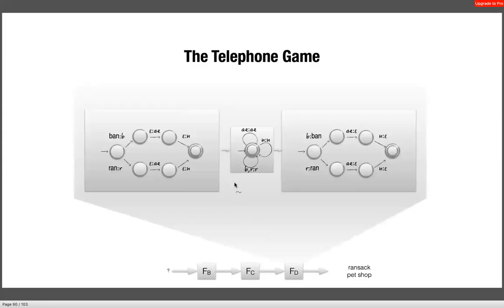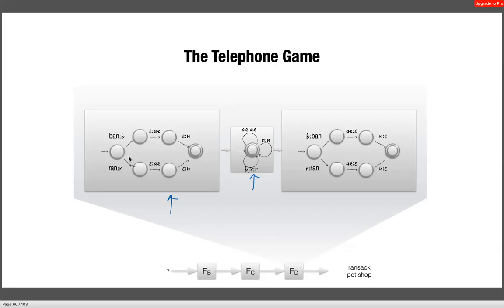I can in turn compose each of these error models. Here I'm only looking at the error model corresponding to speaker D. I will left compose it with another FST, which tells me what the valid words are and the corresponding phone sequences for these valid words.